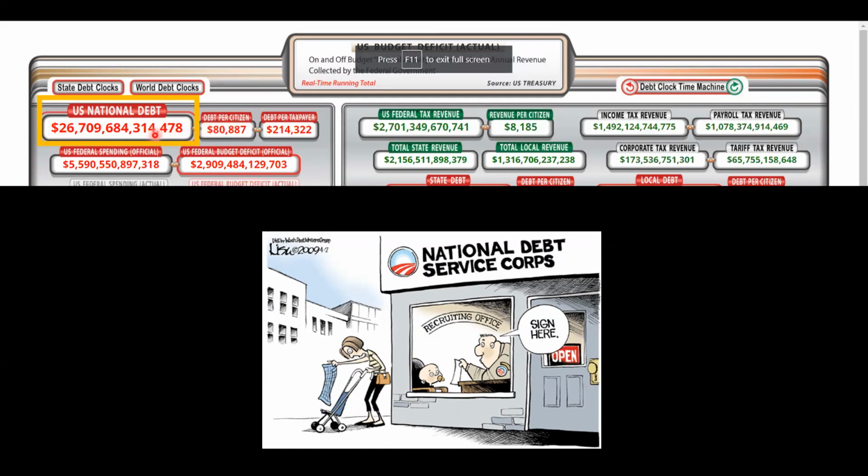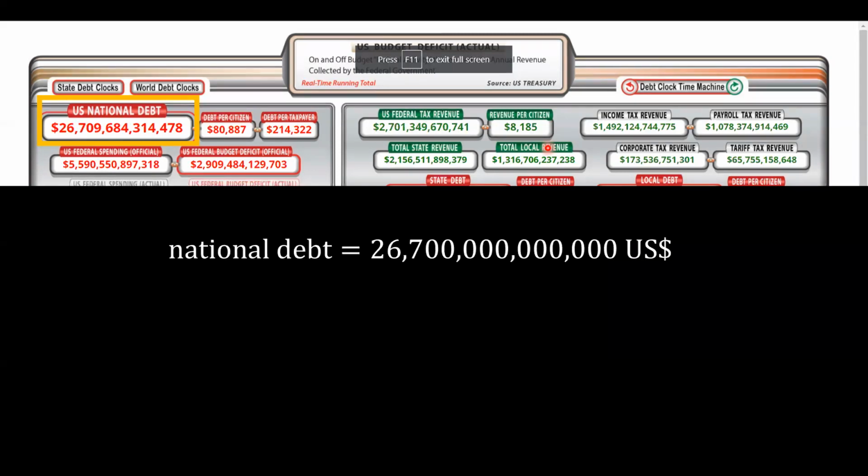This is thousands, millions, billions, well, trillions. So almost $27 trillion. And these numbers are stagnant because this is a picture, but if you go to the website, all these numbers are rolling back fast. It's kind of terrifying to watch. If you have problems with anxiety, don't go there. That's not going to help you.